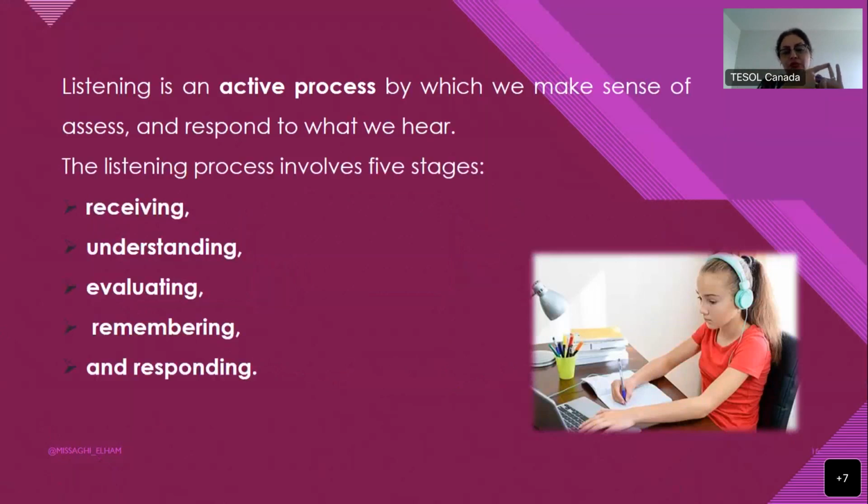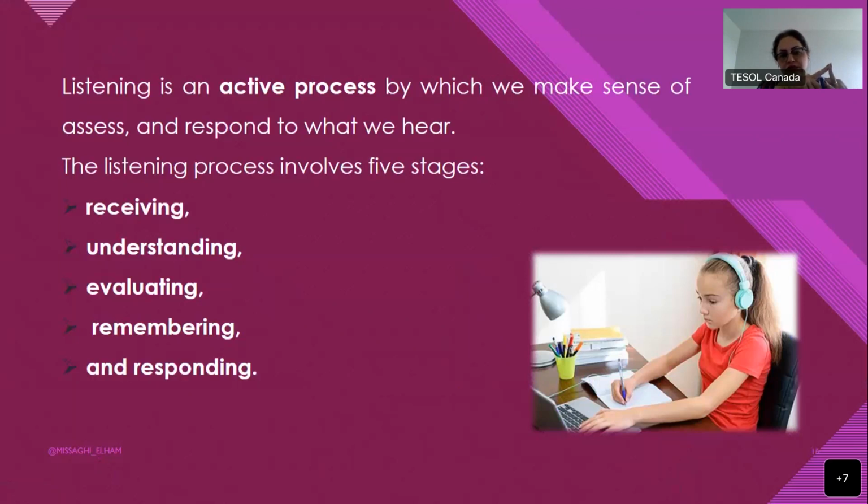You need to check with them that they have understood it. Then you need to evaluate how well they got the message. They need to practice to remember and respond back. So you play the audio part, they receive it. How do you check how well they have understood?